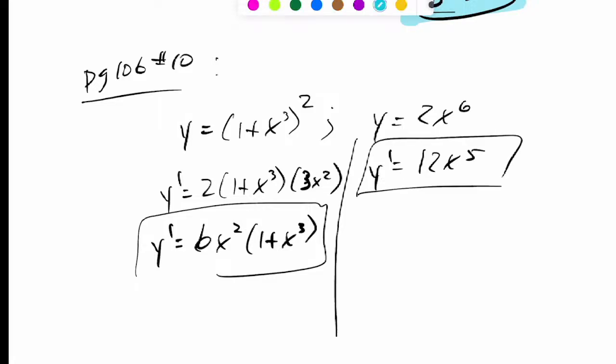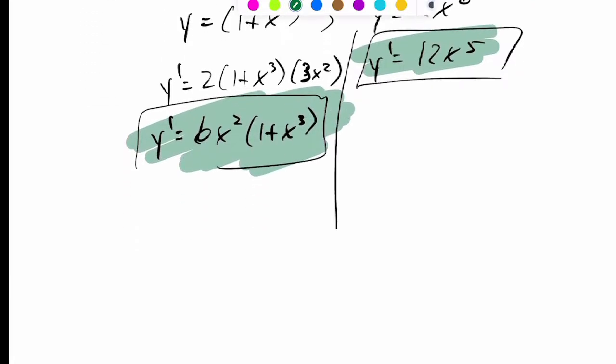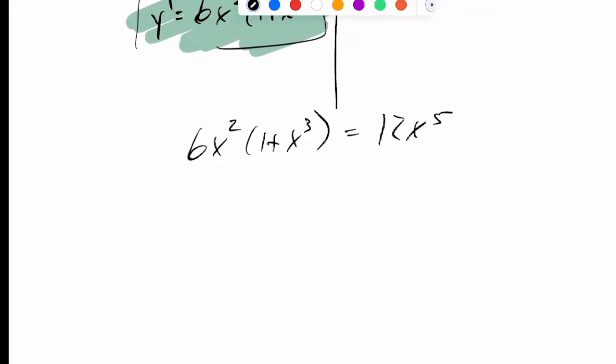I want to know, is there ever a situation where these slopes are going to be the same? The only thing I do is set these two equal and see if a solution exists.